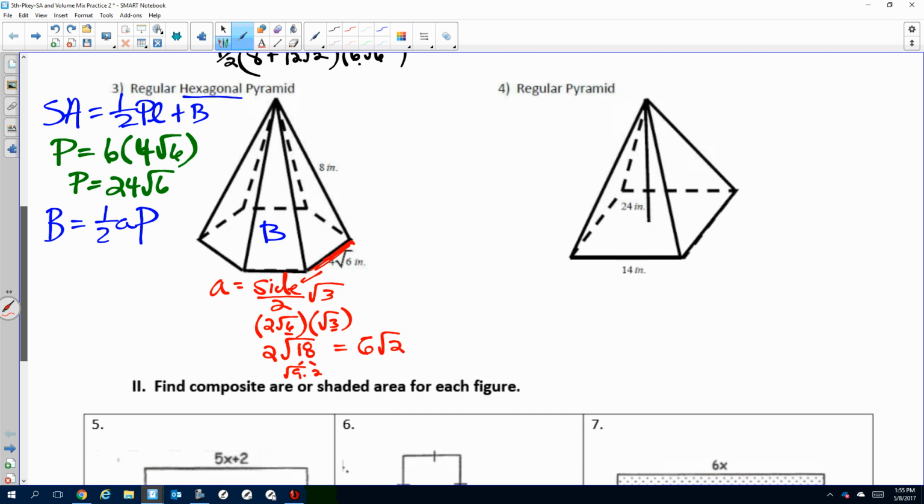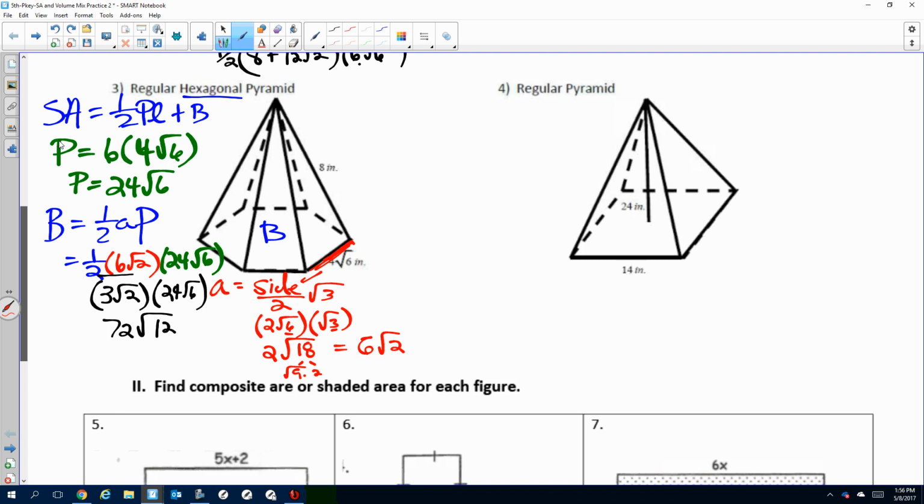Okay? So now I can plug that into my formula, because I do 1/2 my apothem, which was that 6 root 2, times the perimeter, which we had 24 root 6, and we're going to simplify that. Well, I'm going to just go ahead and take half of the 6 here, and we get 3 root 2 times 24 root 6. That's going to give me 72 root 12.